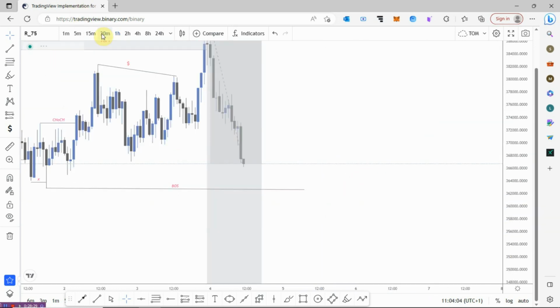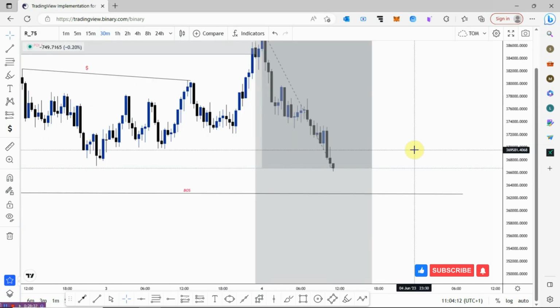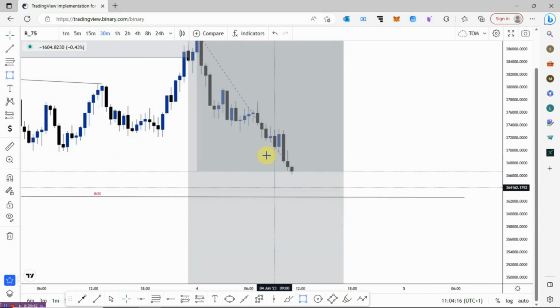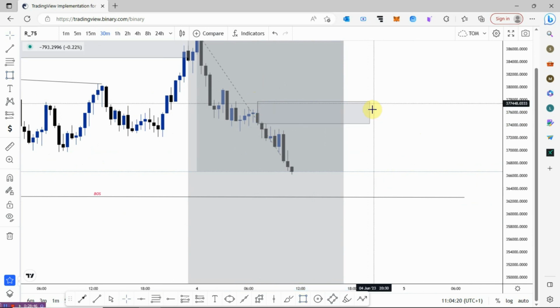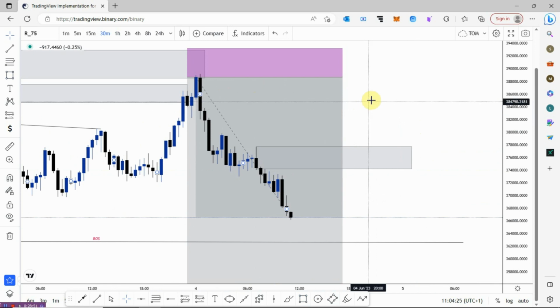Let's go to the 30 minutes time frame for clarity. Good. So we can see a nice zone here that has not been mitigated. Okay, this is a nice zone. This place can be our POI. Where else?